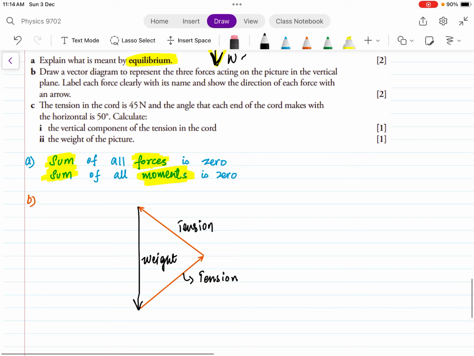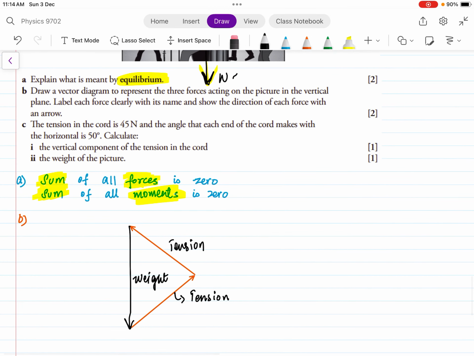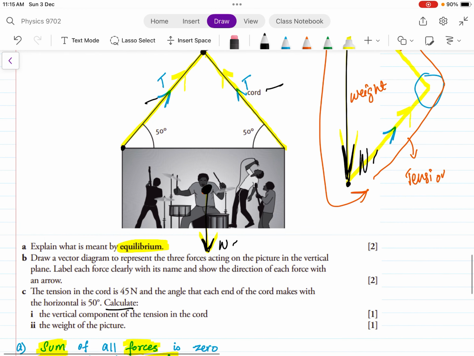All right, the tension in the cord is 45 newtons and the angle that each end of the cord makes with the horizontal is 50 degrees. The vertical component of the tension in the cord, we have to calculate that. So this tension force makes an angle of 50 with this horizontal. That means this will be the horizontal component, this will be the vertical component.